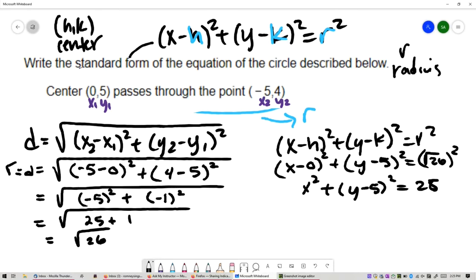So we have x squared plus (y minus 5) squared equaling 26.